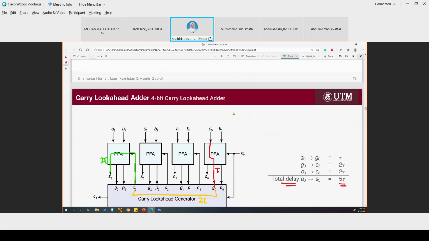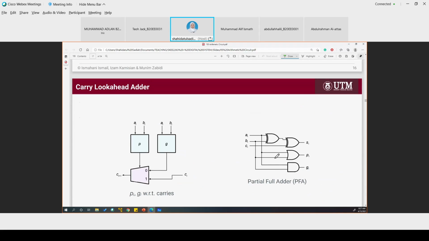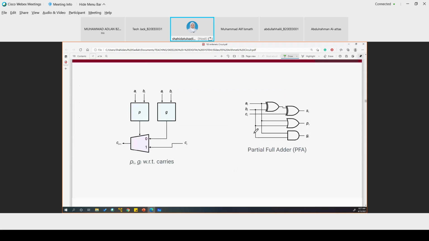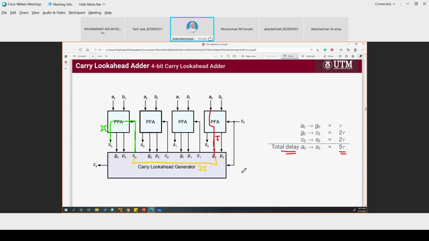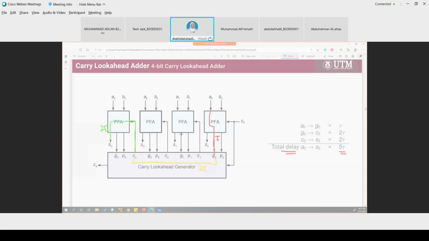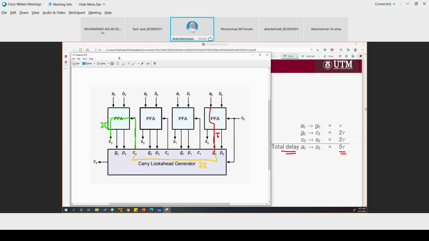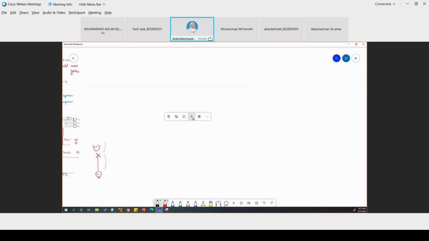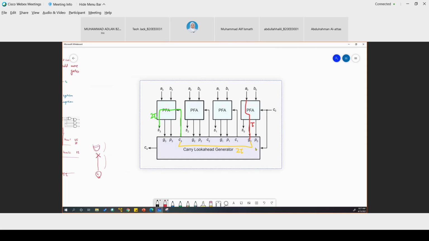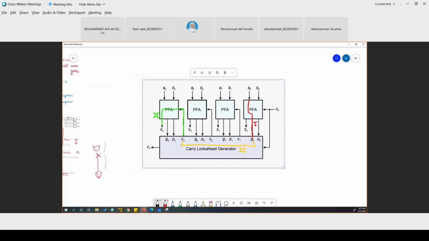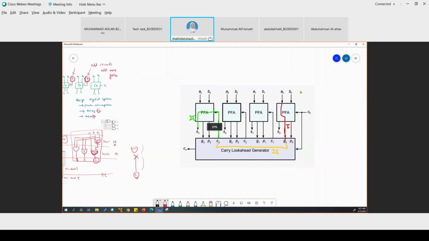Why? Because inside the PFA is this circuit. Remember this circuit. So let's see the inside.